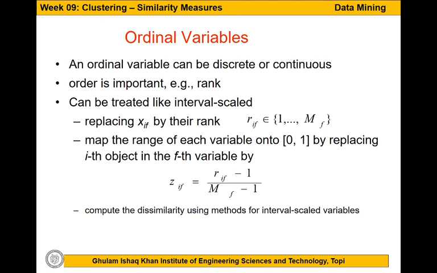Then we have ordinal variables, and in ordinal variables the rank of the variable matters. For example, in an IT company, your entry level job may be software engineer. Then you may be promoted to senior software engineer, then to line manager, and then to software architect, and so on and so forth.